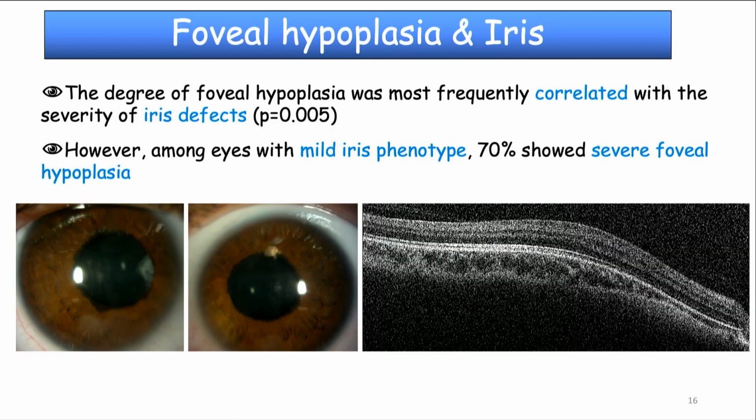Just to look, here you have a very mild iris defect, and sometimes the degree was most frequently correlated with the severity. 70% of the mild iris phenotype showed severe foveal hypoplasia, which means that sometimes the foveal hypoplasia is more common than the iris defect.